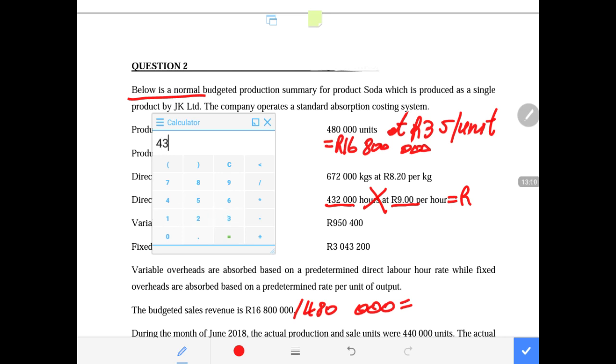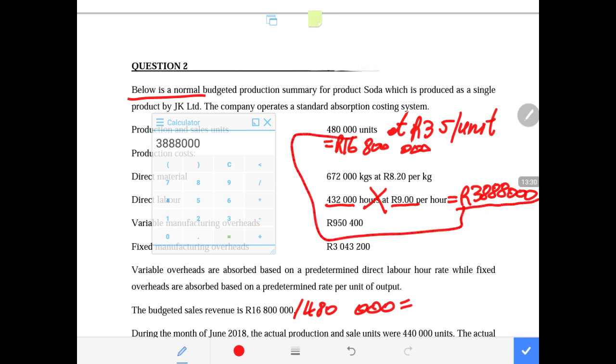So now it will be 432,000 multiplied by 9, and it gives us 3,888,000. This is the total cost of labor that we expect to pay in order to manufacture the 480,000 units.